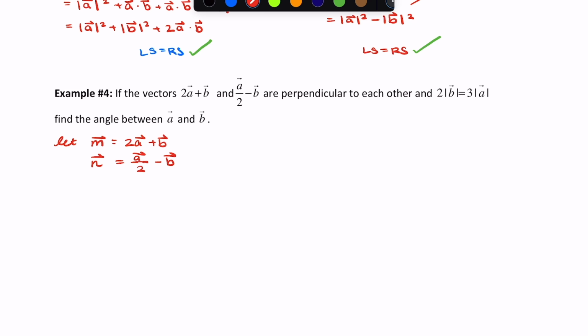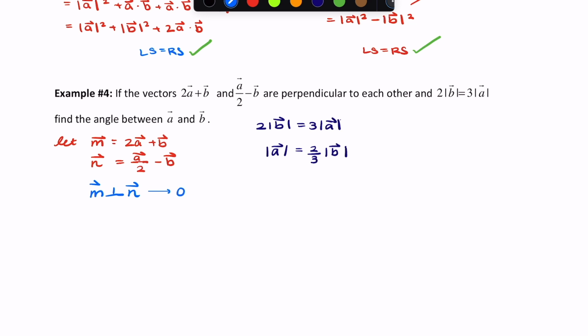Okay, here we know a few things. We know that 2 times vector B is equal to 3 times vector A. So here we can write that vector A is equal to 2 over 3 vector B. Here we know that they are perpendicular, so we can write that vector M and vector N are perpendicular.